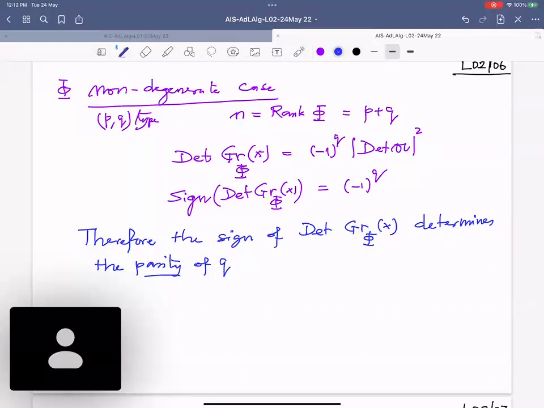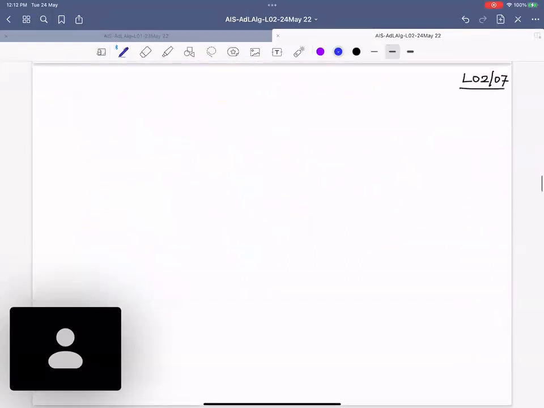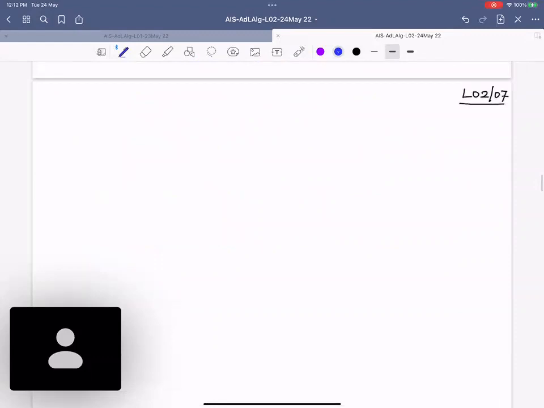And actually this observation gives a nice criterion to determine the signature of the form. This observation, knowing the signature of the determinant. All right, and that is precisely the Hurwitz criteria.